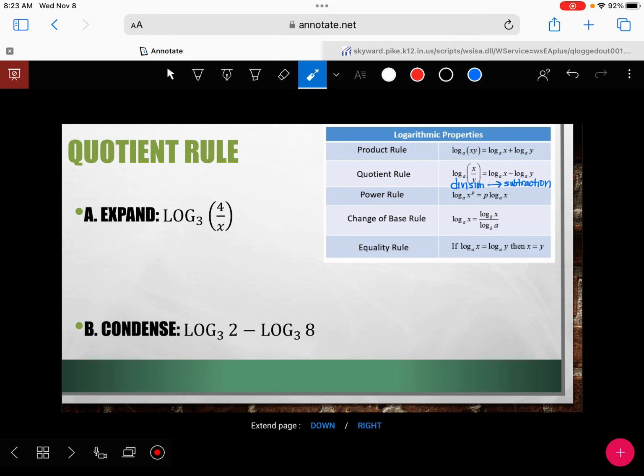All right, so we have this first one that's going to expand to the log base 3, and then it would be a 4 minus log base 3 of x. So that would be expanded.